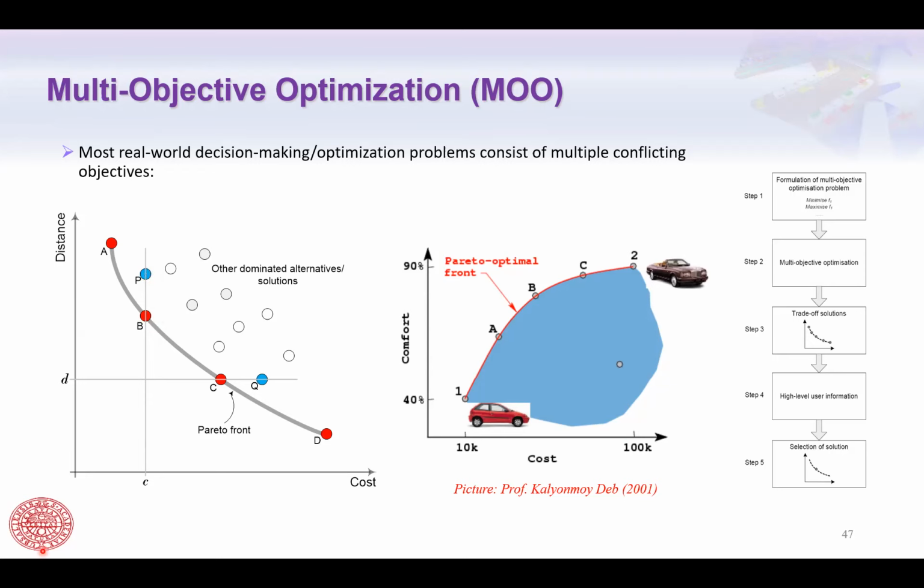That means you will choose B, and then you may choose C, but you will definitely reject P and Q. Because B has the same cost as P, but B is closer. You prefer to have a shorter distance. So B is better than P. This example, you can read it from the handbook, 8.2, if I remember correctly.